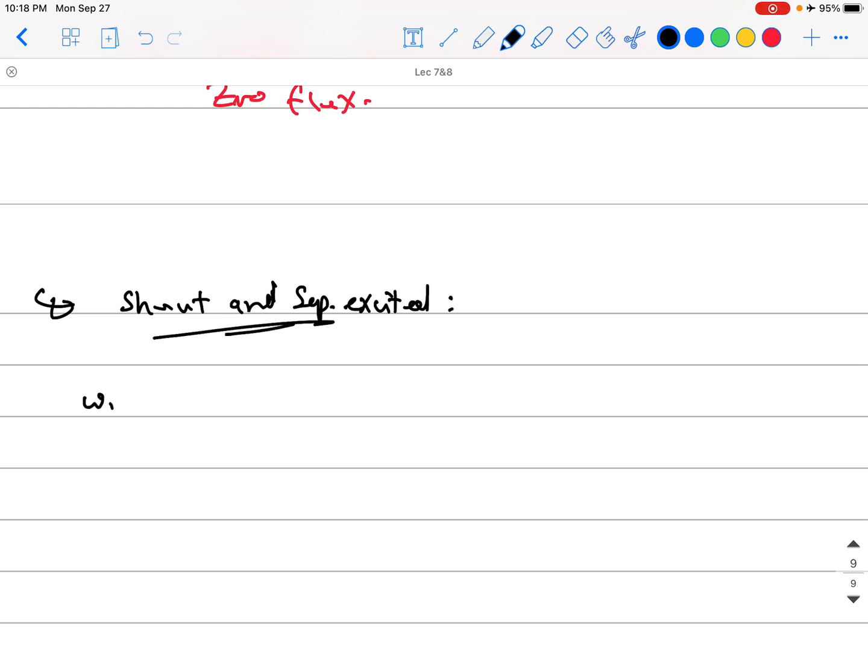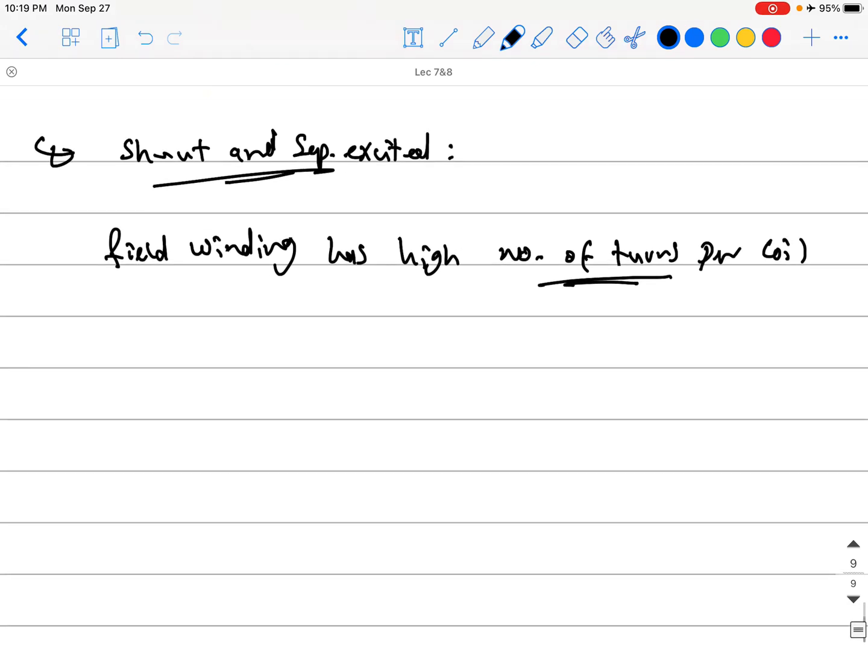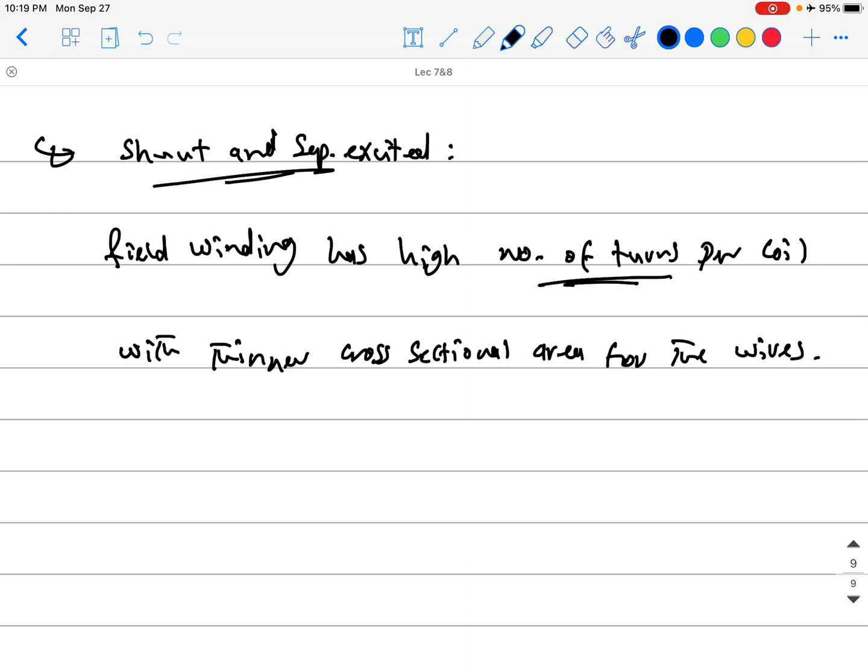So the winding, or just say the field winding, has a high number of turns per coil, so you need a high number of turns with thinner cross-sectional area for the wires. Okay, why are we doing this?